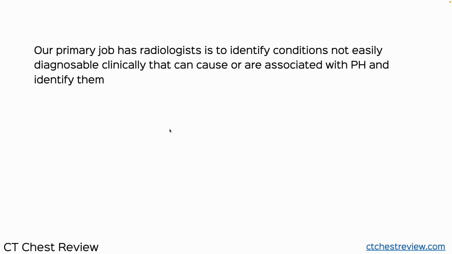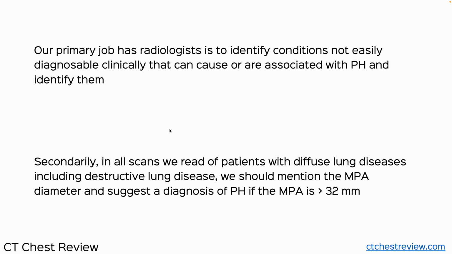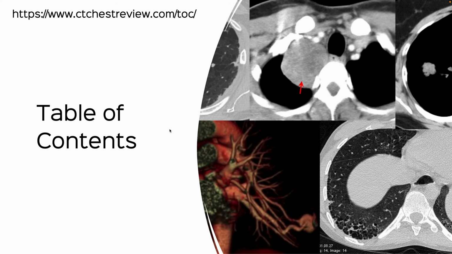So our primary job is to identify conditions not easily diagnosable clinically that can cause or are associated with PH, and secondarily, in all CT chests that we read, if we have an MPA greater than 32 millimeters, especially in diffuse lung diseases, we should document the findings.